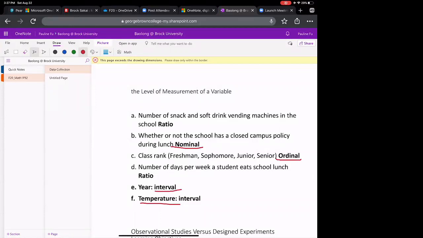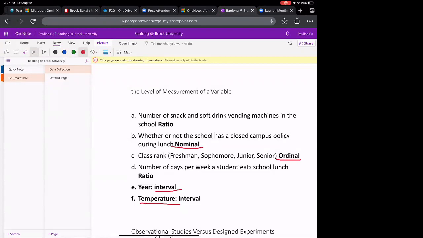It is just 0. We know the mixture of ice and water has a temperature of 0. Above 0, for example, today we have maybe 28 degrees. In the winter, maybe you have minus 15 degrees. So that is interval data.